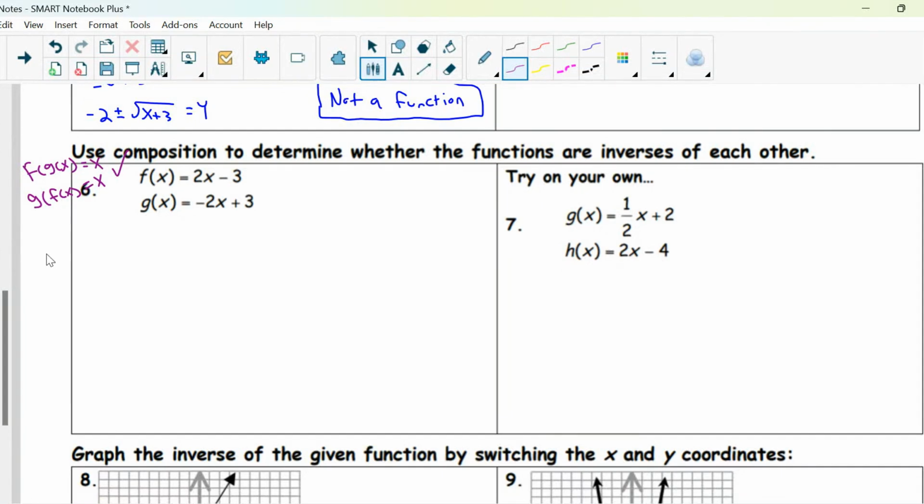But in the case that your composition either way is not x, then you do not have inverses. So let's give number 6 a try.